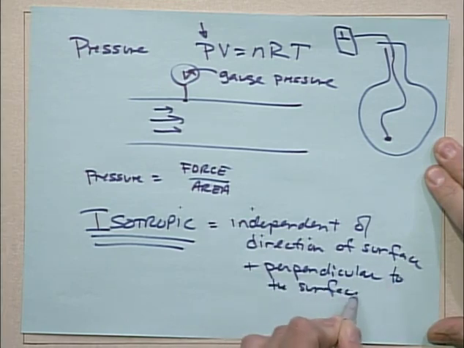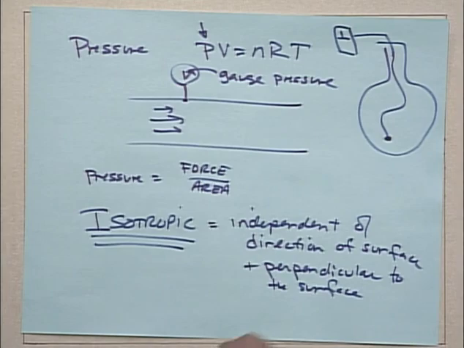So it matters what impinges on this surface perpendicular. The pressure transducers that maybe you've worked with don't measure stresses that are shear stresses. They only measure stresses that are perpendicular to the surface also. Those are the simplest types of stresses.